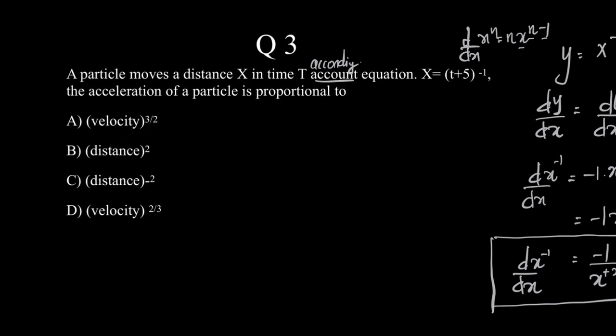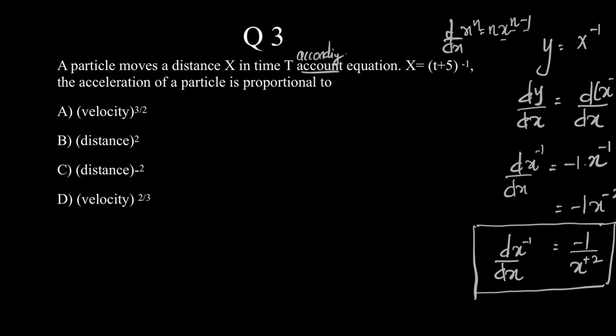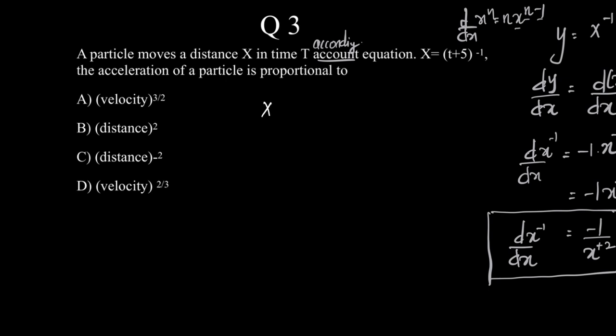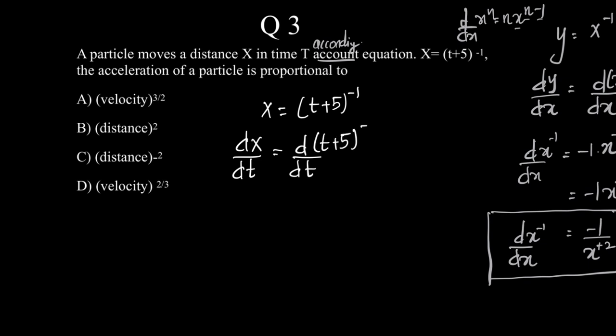If you have listened to the explanation a couple of times, let us start solving this question specifically. So what is given here? Given that x is equal to t plus 5 to the power minus 1. So we know that dx by dt would be equal to d by dt of t plus 5 the whole to the power minus 1. d by dx of x raised to n is equal to n into x to the power n minus 1.